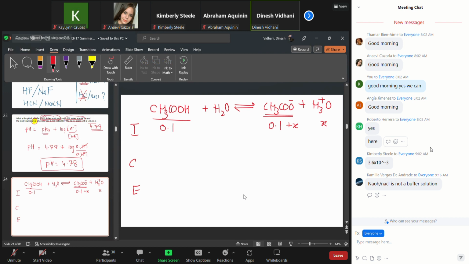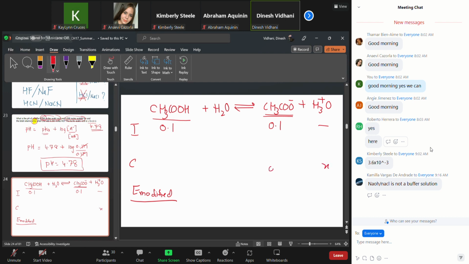Okay. What happens when I have modified? So I'm just going to write the modified equilibrium. Can you tell me what the modified equilibrium would look like? So let me make it more palatable. This is initial, we didn't have that.